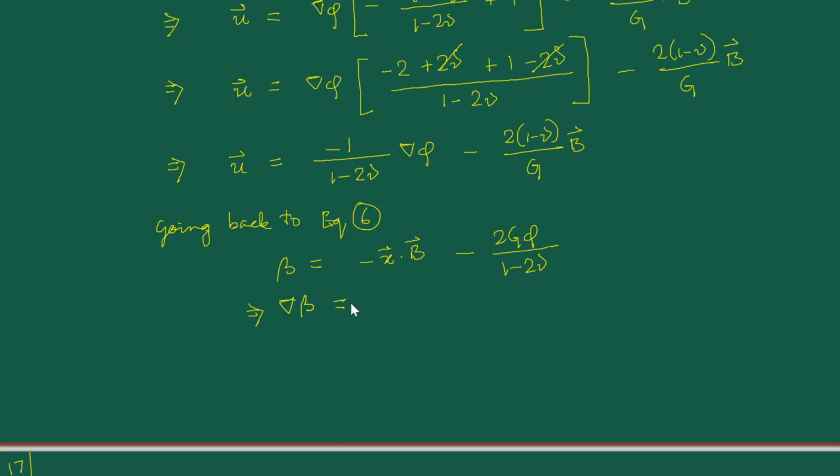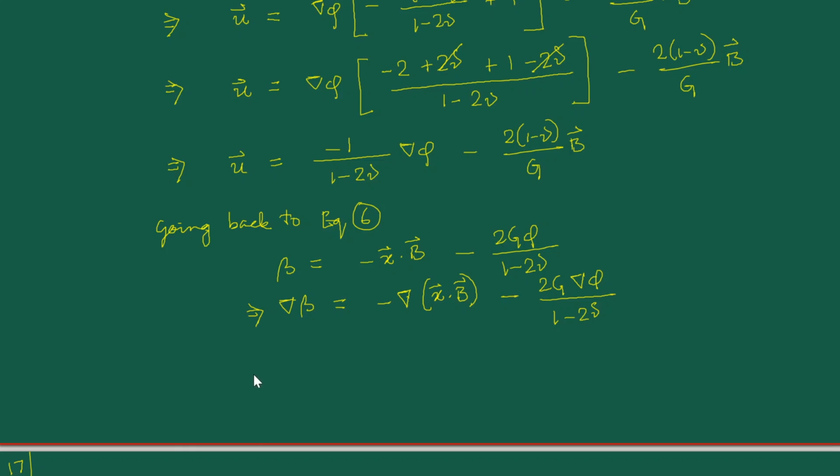Gradient of beta is equal to minus gradient of x dot b. I don't mind having this kind of a term present here. All that I care is to somehow eliminate this grad of phi. Now this is looking promising, because you can see that this grad phi over 1 minus 2 nu is very much present here.